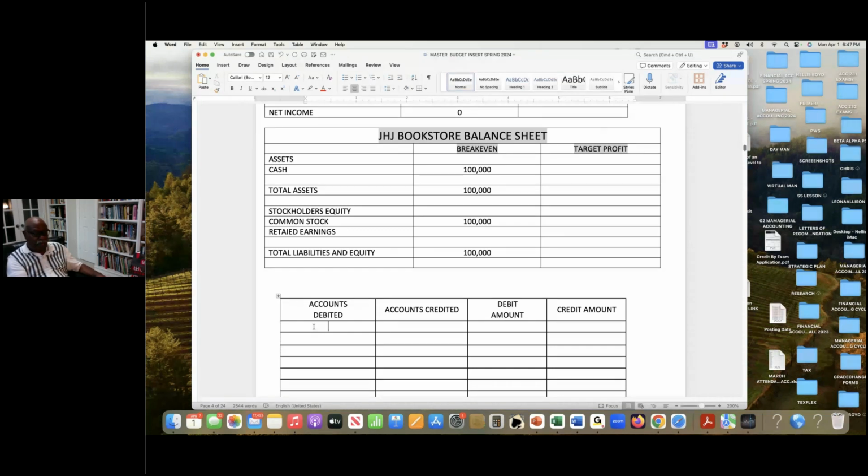So we would have made a journal entry, debiting cash, crediting common stock, for $100,000. That's the first journal entry we would make because we started the company with 100,000.